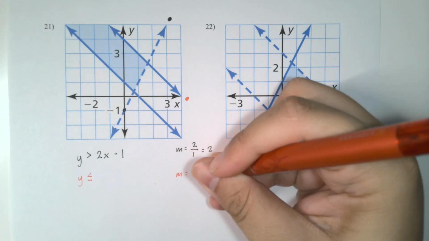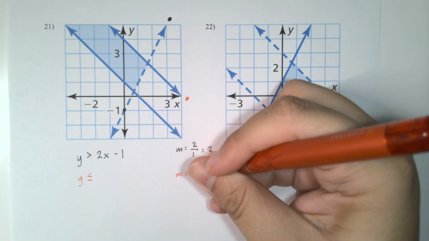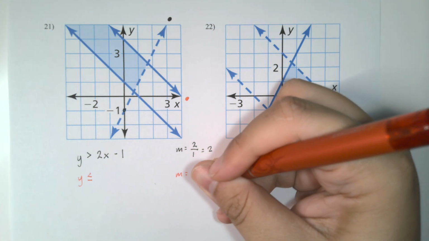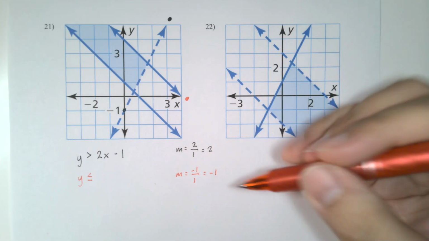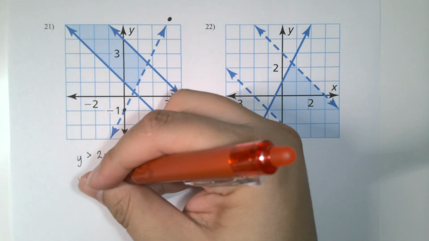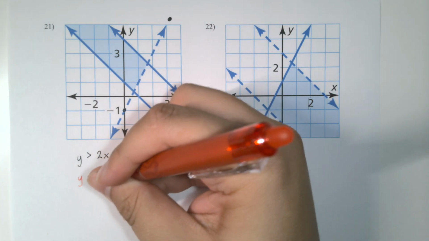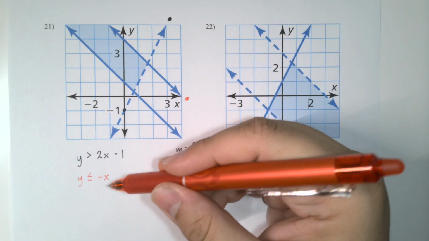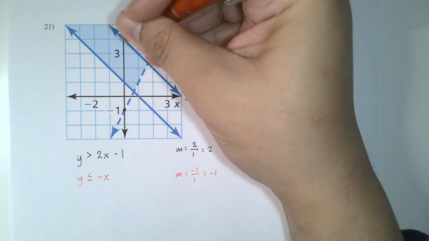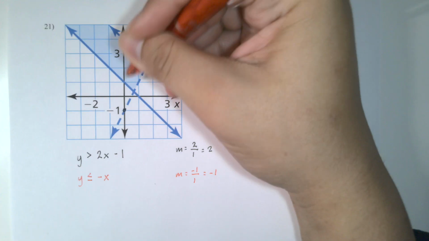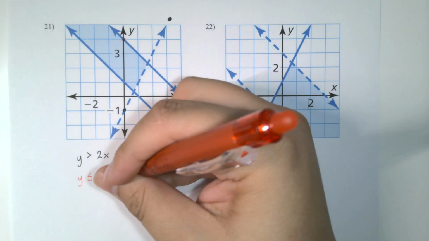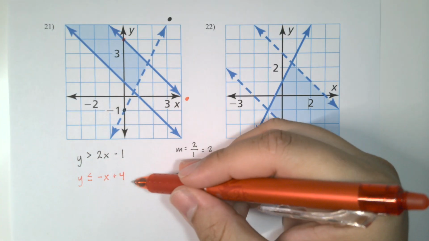So because we're going down 1 and then right 1, we have a slope of -1, which means that we have -x because we don't need to write -1x. And then we have a y-intercept of 4. So we have -x plus 4.